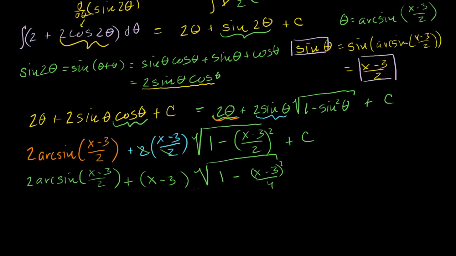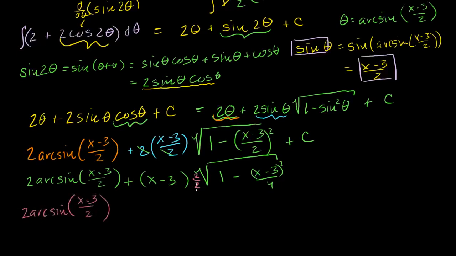If we multiply, let me just focus on this term right here. Let's multiply and divide this by 2. So let's just multiply this times 2 over 2. And you might say, Sal, why are you doing that? Because I can rewrite this. Let me write my whole thing here. So I have 2 arc sine of x minus 3 over 2.